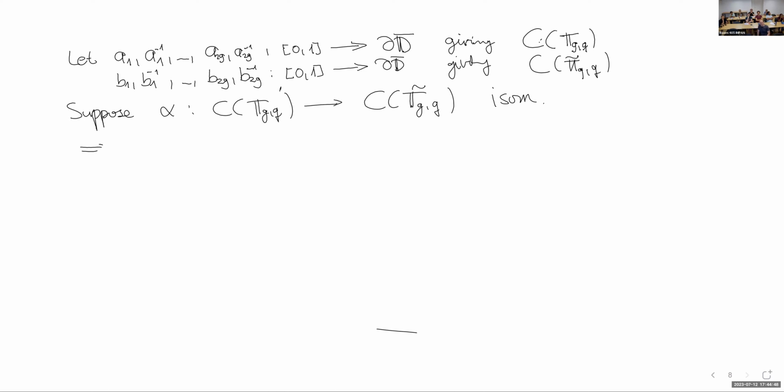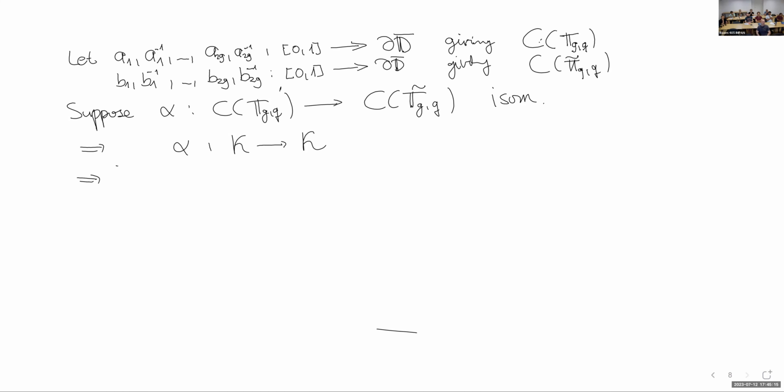This gives me an alpha from compacts. And all these isomorphisms are implemented by a unitary operator. Well, you take a one-dimensional projection, then you take the one-dimensional projection on the other side, and then you access all the compacts, you construct the Hilbert space. That's basically the idea of the proof.